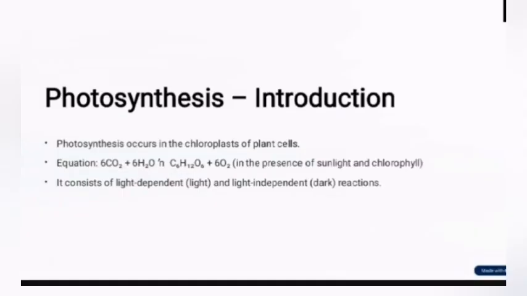Light independent is now concerned with, okay, we have finished making our fire, we have generated energy. It will now take this ATP and NADPH, nicotinamide adenine dinucleotide phosphate. It will now take these two and what? Utilize it, mix it with what? Carbon dioxide, and then eventually what? Produce glucose.